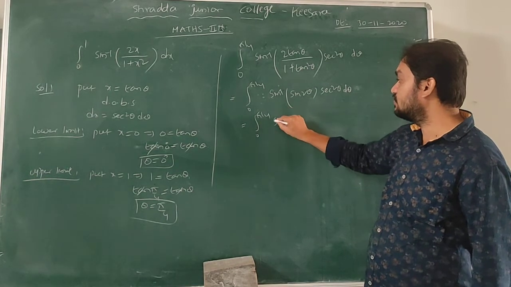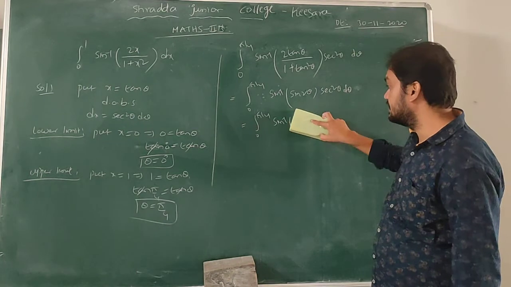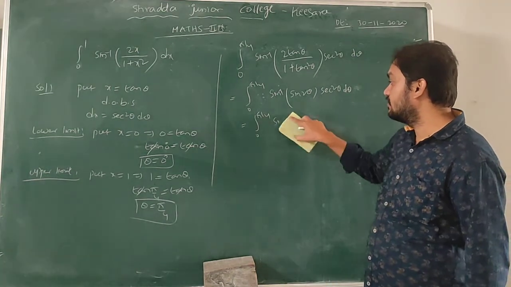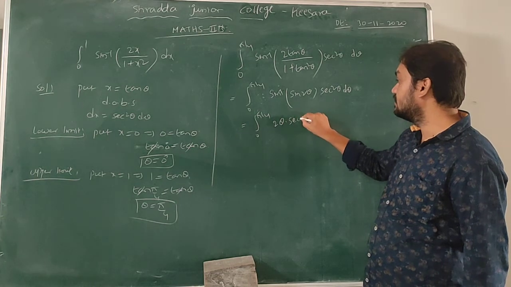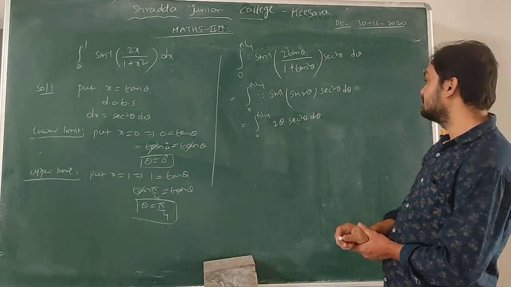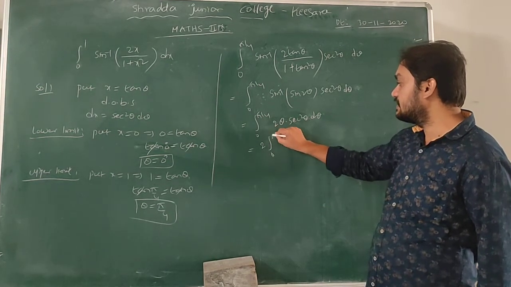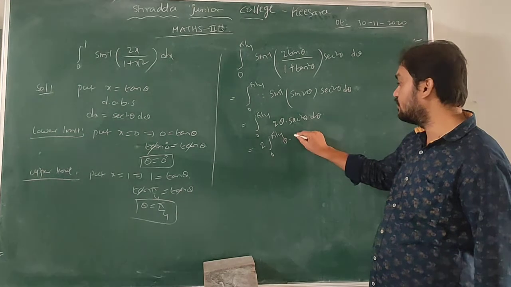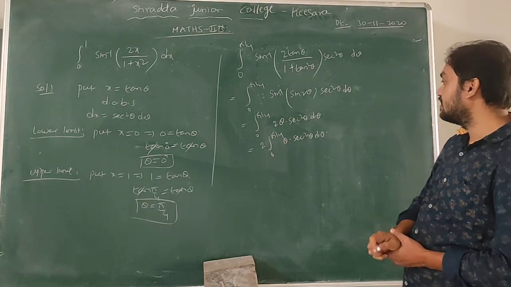Now sine inverse gets cancelled here. What are we getting here? Then 2 theta into secant square theta d theta. Now see here, 2 is constant. Integration 0 to pi by 4 theta into secant square theta d theta.